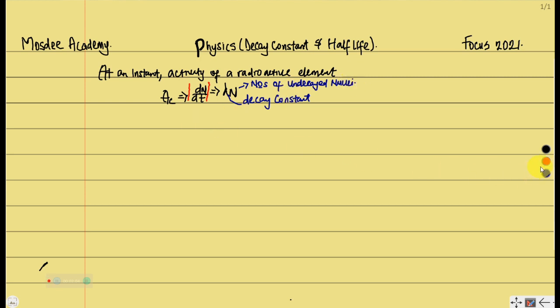So numerically, you can now make N the subject of the formula, and N will be equal to the activity over lambda.